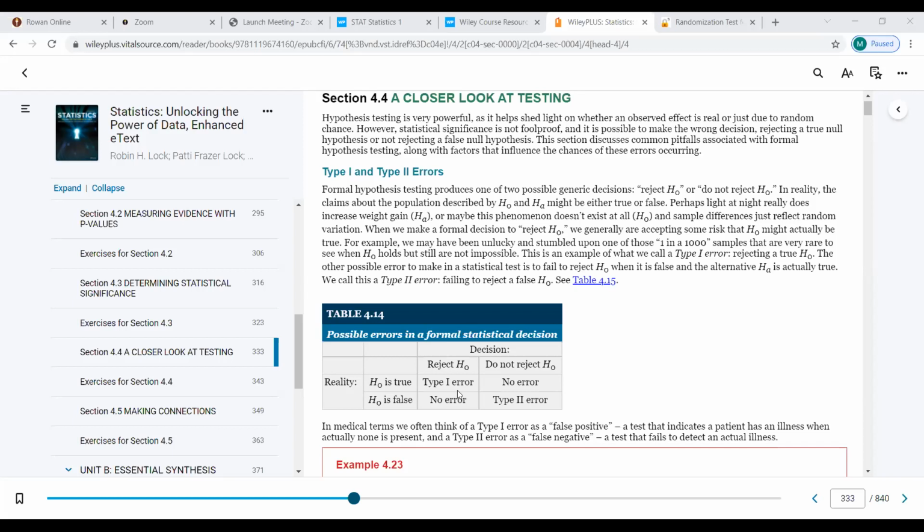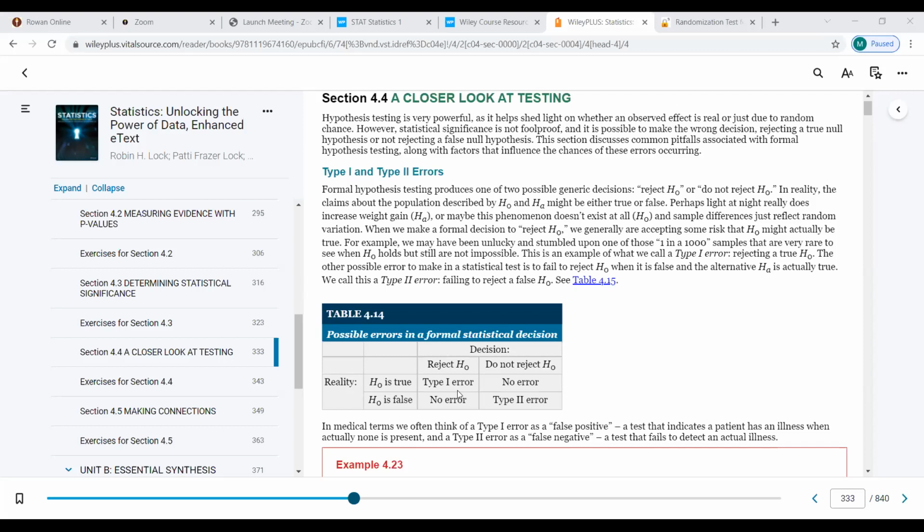We reject the null hypothesis when it is actually true. That, by the way, is the same thing as alpha, the level of significance. You might need to write down that the level of significance is the type 1 error, alpha.